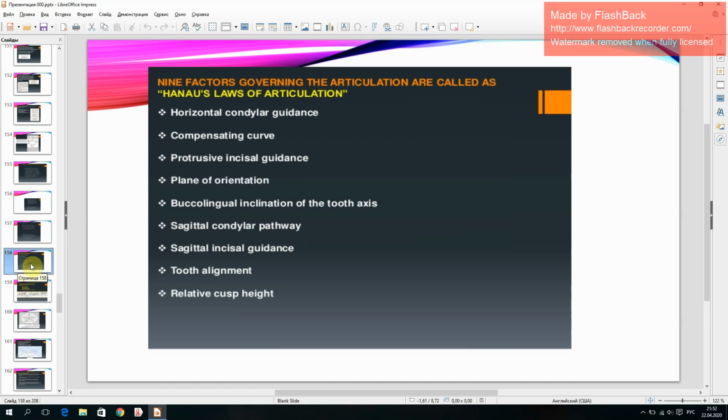Nine factors governing articulation are called Gysi's laws of articulation: horizontal condylar guidance, compensating curve, protrusive incisal guidance, plane of orientation, buccolingual inclination of the tooth axis, sagittal condylar pathway, sagittal incisal guidance, tooth alignment, and relative cusp height.